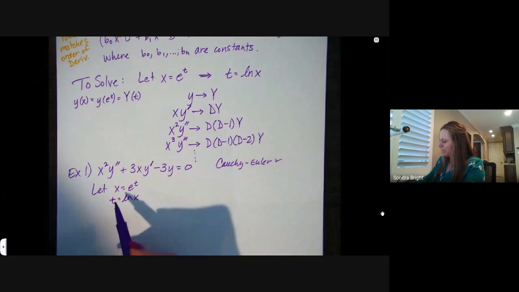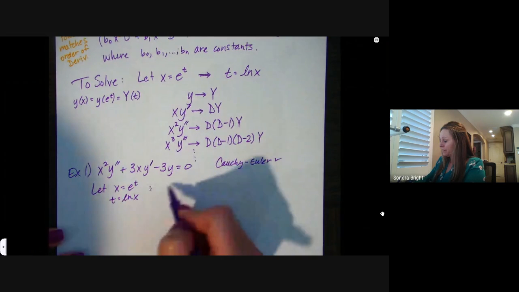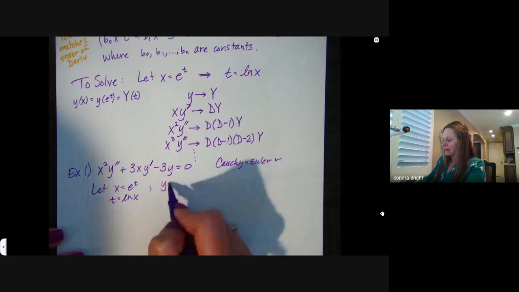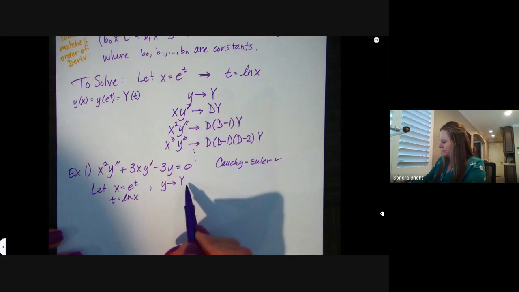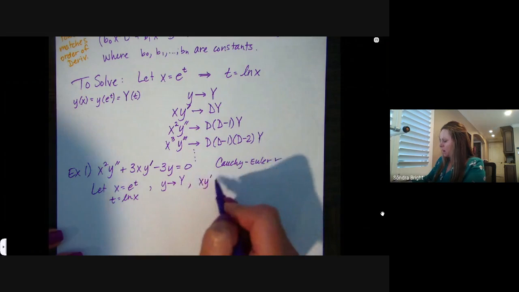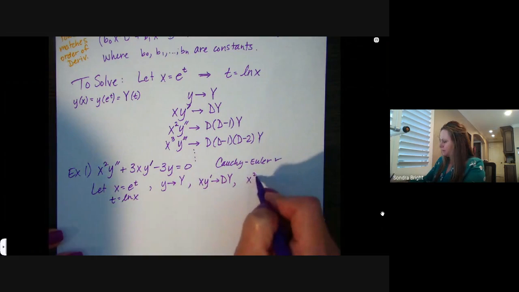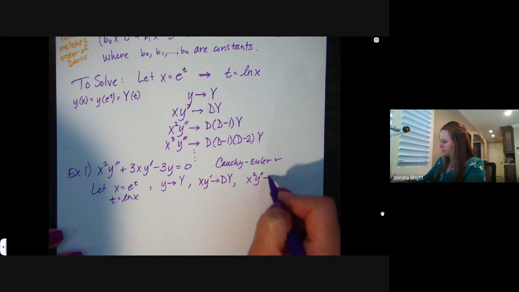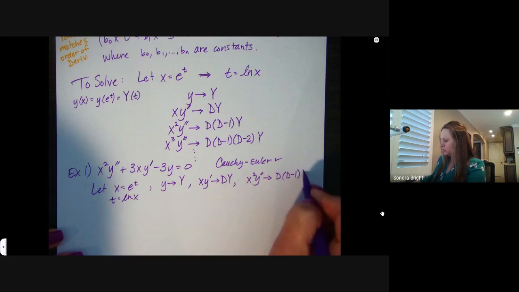I'm going to replace lowercase y with a capital Y, because this is a function of x and this is a function of t. I'm going to replace xy prime with dY, and I'm going to replace x squared y double prime with d times d minus 1 operating on capital Y. Those are going to be all my substitutions.